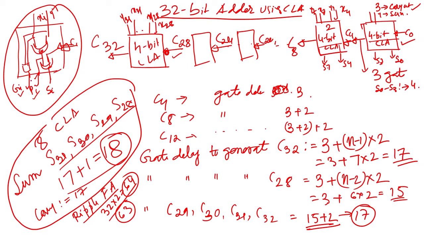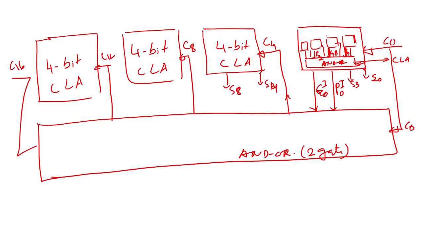So, GIPI is generated with 1 gate delay, that we learned, right. So, that is why this C4 will be generated. This circuit also will generate C4, that will be generated after 3 gate delay, because this is 1 and this is 2, 3 gate delay, and sum is 4 we know.